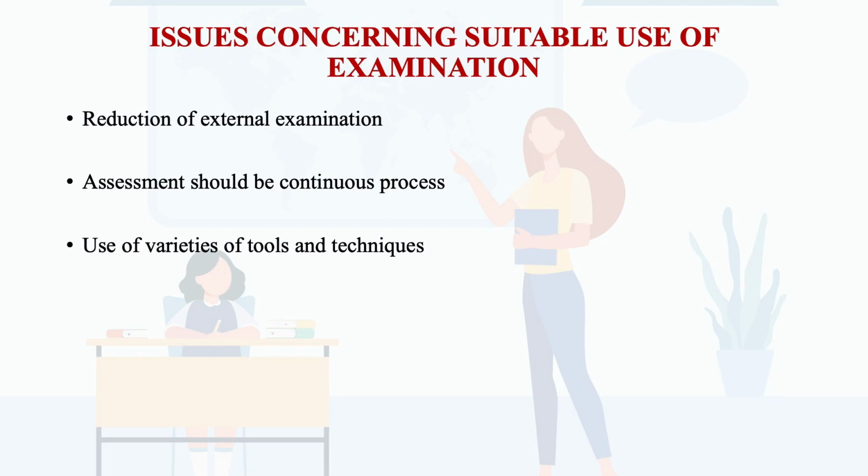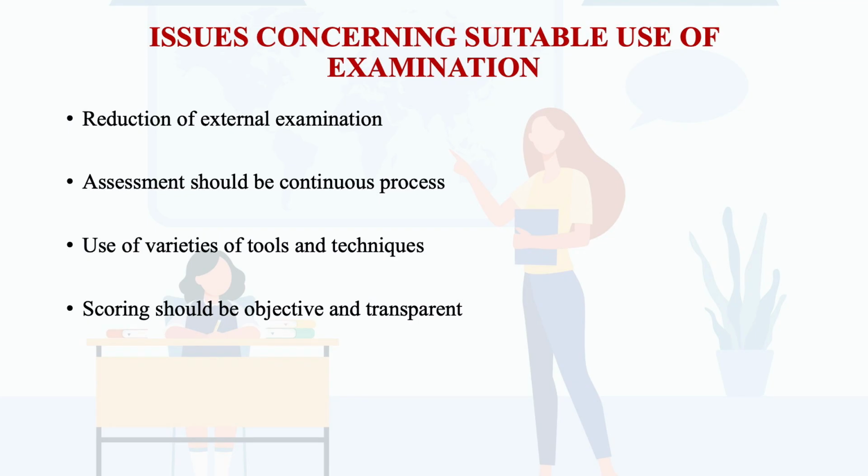Then, for the use of a variety of tools and techniques, I have already said that a single tool or single technique is not helpful for teachers to exactly assess and measure the achievement of all the learners the teacher is dealing with. So, friends, teachers are supposed to use multiple or a variety of tools and techniques. Then further, scoring should be objective and transparent.